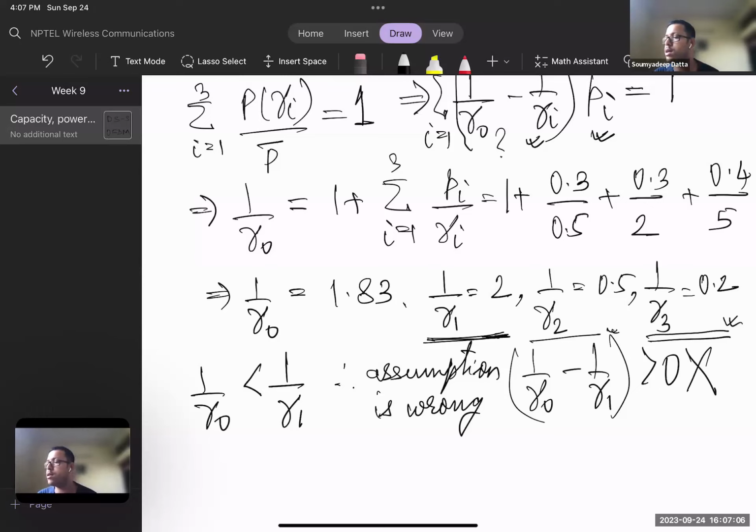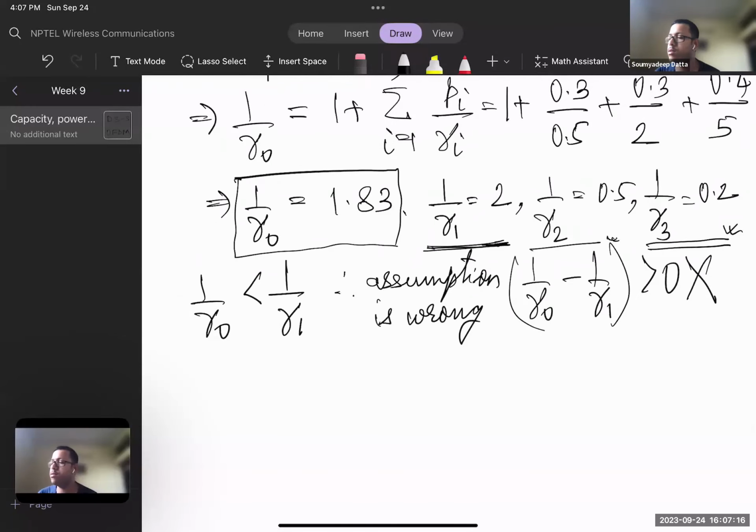With the weakest channel, I can see that my overall allocation, or this gamma naught term, is not sufficient. So the SNR allocation is not sufficient. Power allocation is not sufficient. So in that case, we'll have to let go of this weakest channel, since I am not able to allocate sufficient power in this case for the weakest channel.